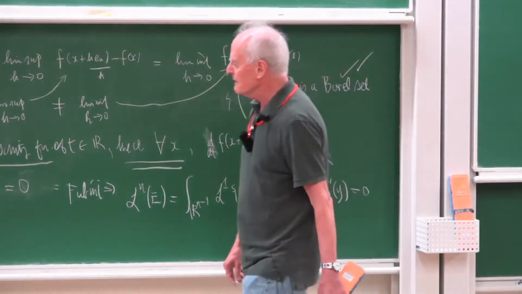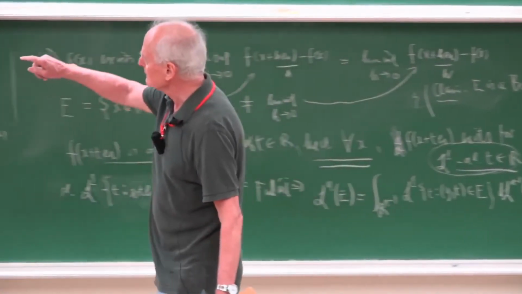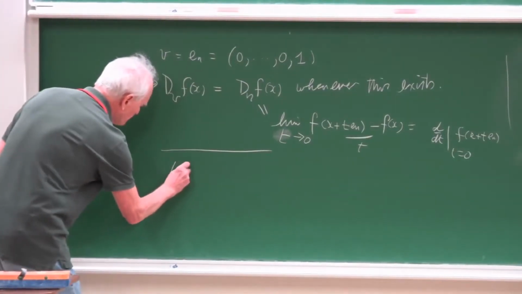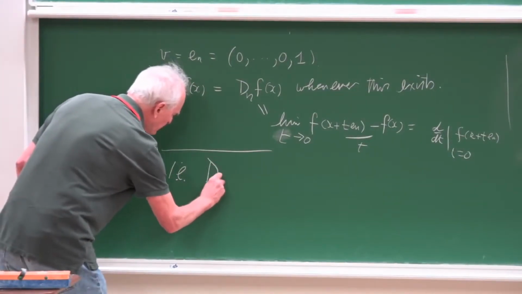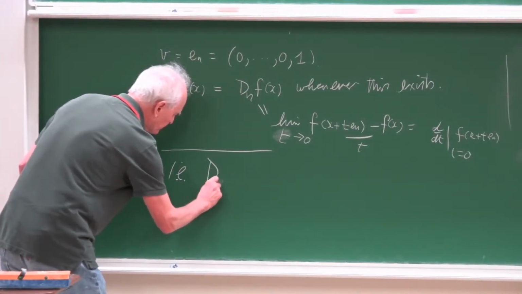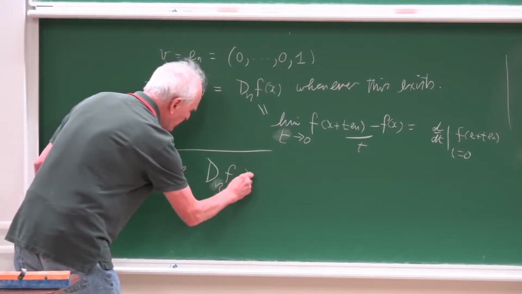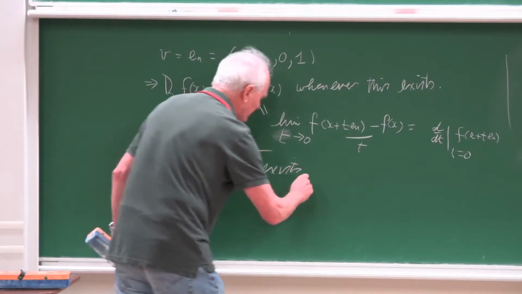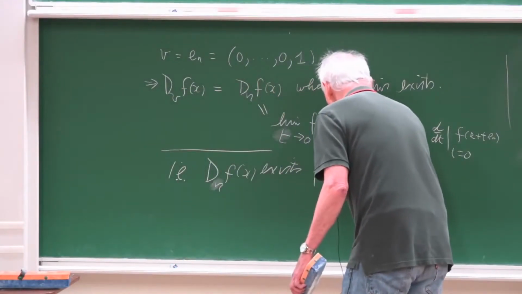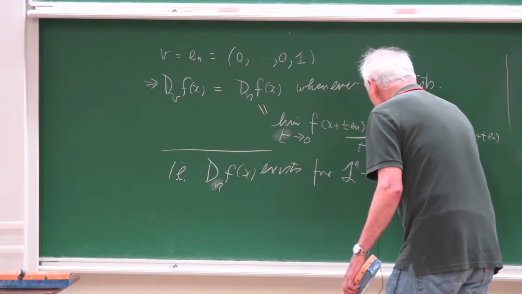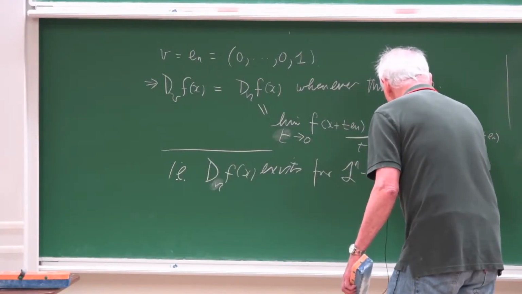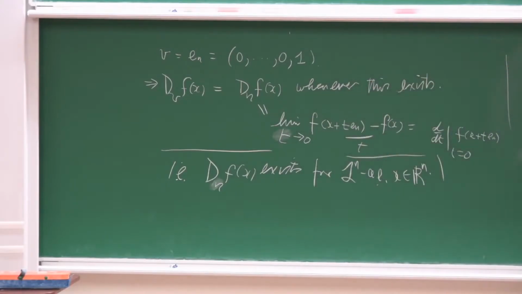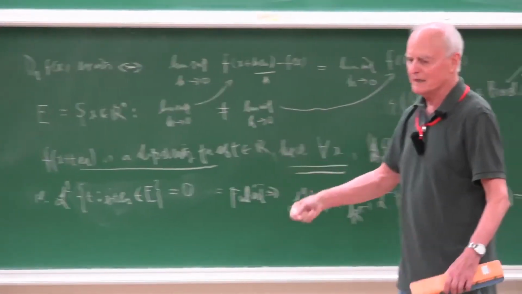Okay, that's good. So that means that the nth partial derivative of f at x exists for Ln almost every x in Rn. So that's nice. And of course, there's nothing special about the nth partial derivative.